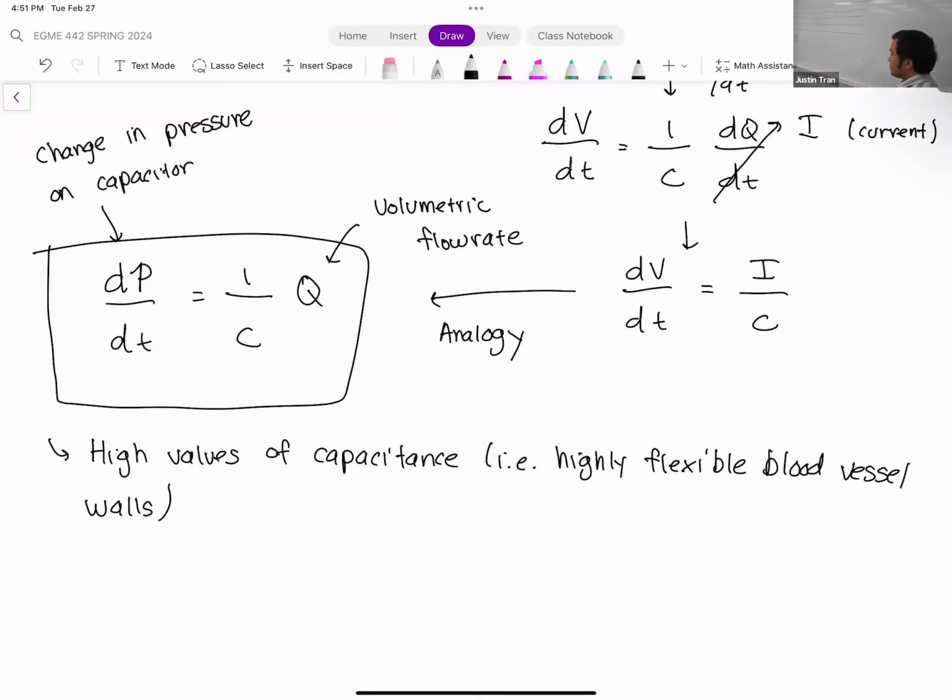That tells you this is going to dampen any rapid changes in pressure.